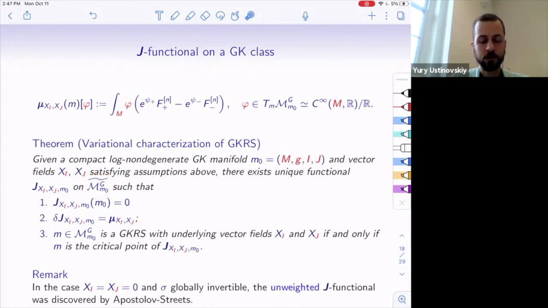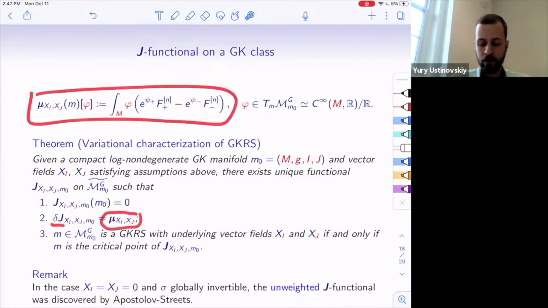You have to do the universal cover here because you don't know much about the topology of the space. In the Kähler case, it's contractible. In general, it is not. And we actually have very little understanding of what it is. So formally, this functional will be defined on the universal cover of this class. So it is 0 at the given base point, and the variation of this functional is exactly given by the one form defined here.